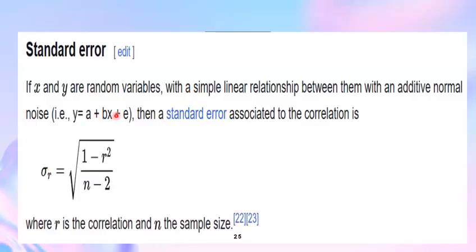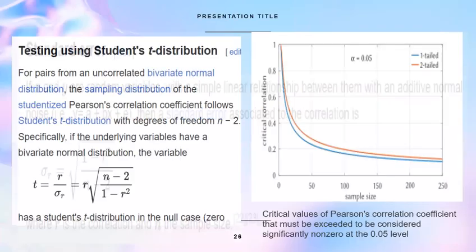If x and y are random variables with a simple linear relationship between them and additive normal noise, this one is the given equation, then a standard error associated to the correlation is expressed as this equation, where R is the correlation and N is the sample size.